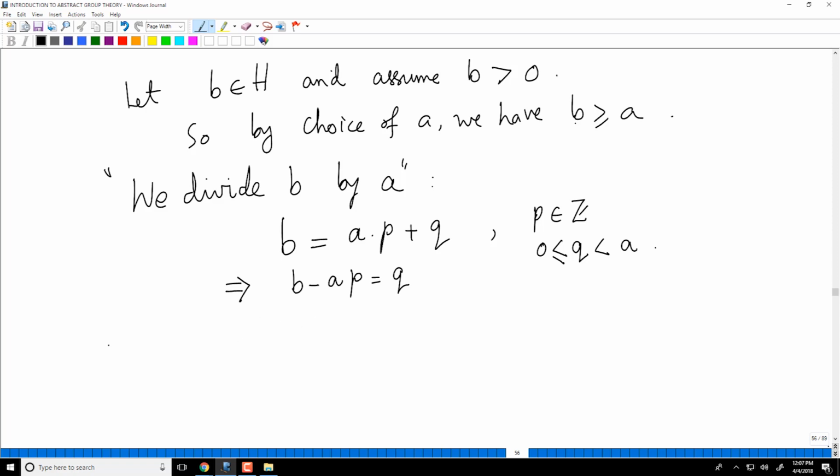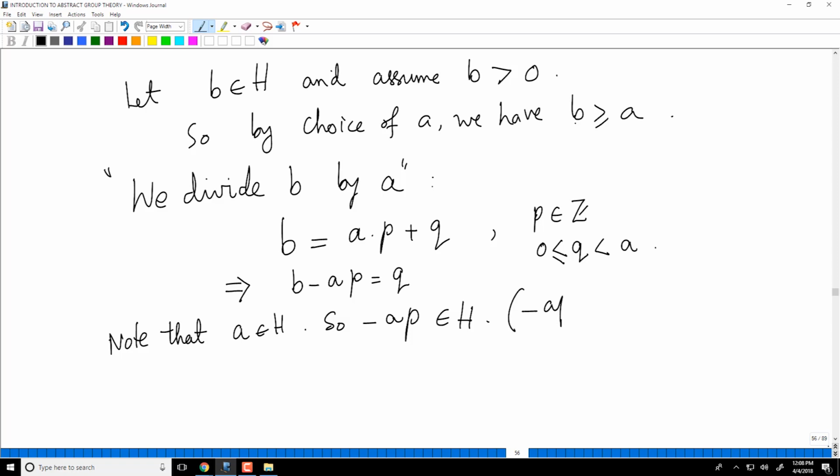So, note that A is in H, so minus AP is in H, because H is a subgroup.